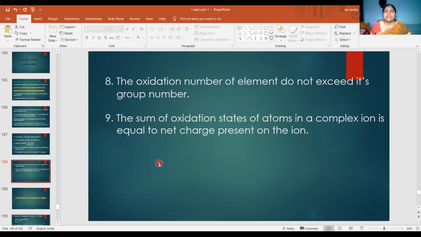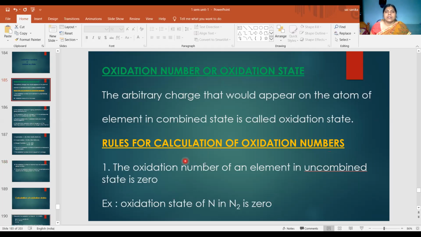These are some of the points we have to remember while calculating the oxidation states of various atoms in various molecules. The first one: the oxidation state of an element in the uncombined state is 0. That is N in N2 is 0, H in H2 is 0, Cl in Cl2 is 0.